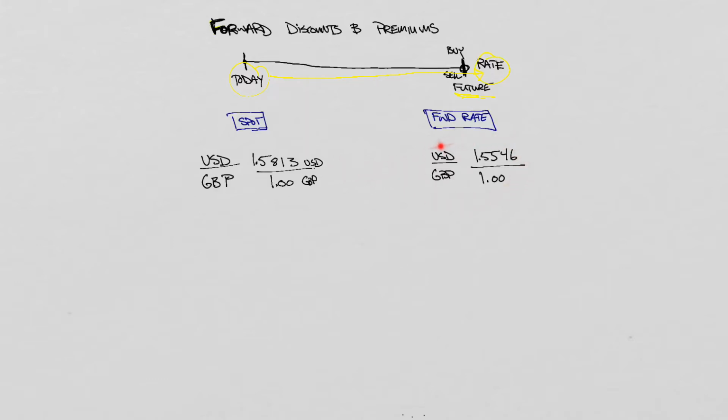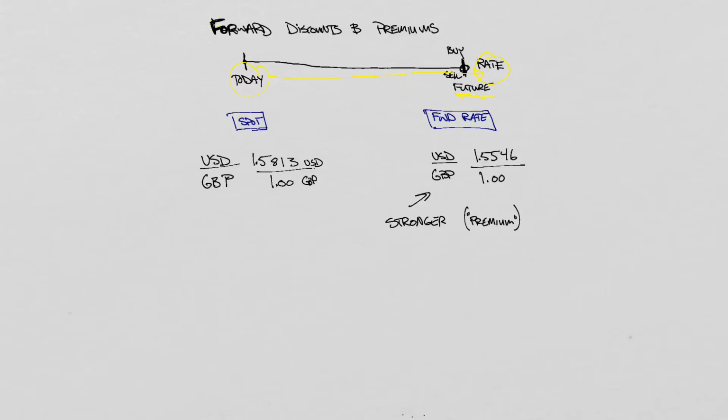Is it trading weaker, or is it trading stronger in the forward market relative to the spot? And the answer is that it's trading stronger. We would say that's a premium in the forward market, because we can see with the forward rate, the British pound is buying fewer USD than it is in the spot. So the dollar is trading stronger.